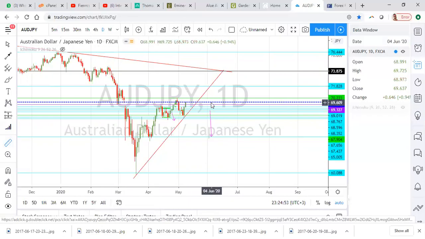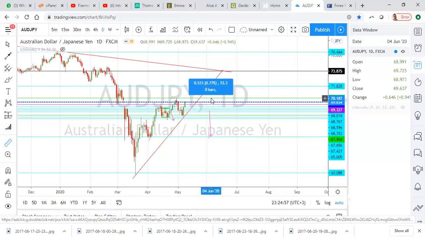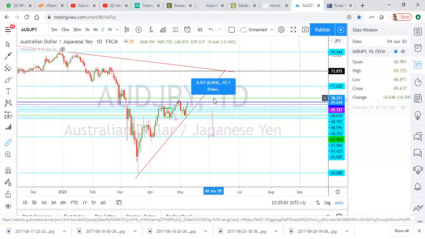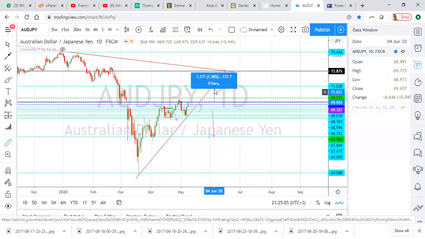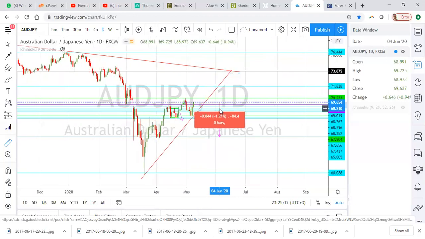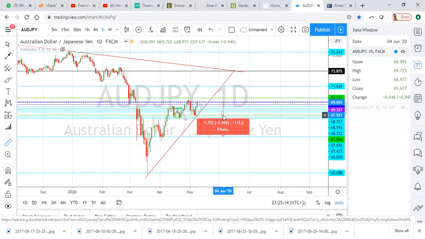So AUDJPY is just telling me a really good story of an uptrend. It's about, let's say, 60 pips on a buy. If it breaks, it may go probably another 200 pips. If it doesn't break, it should come down about 180 pips thereabouts.